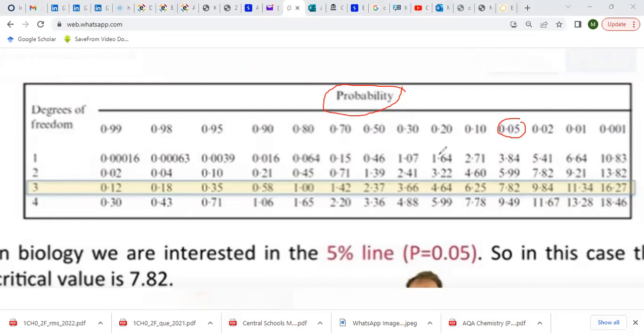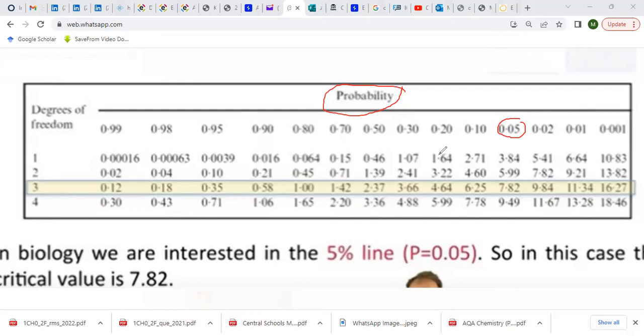Then the next statement will be vice versa. You understand? We don't need to explain now. If the difference exceeds 5%, 0.05 of the probability, then this difference is a significant difference. So we can easily say the null hypothesis does not meet the criteria, so the null hypothesis is rejected. This thing is clear, yes? So probability for biologists is 0.05, 5%.